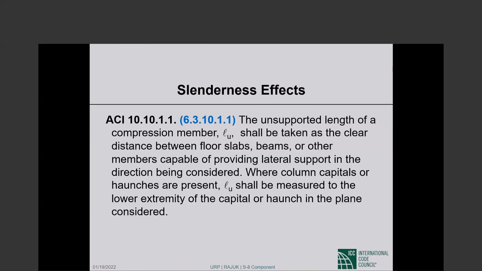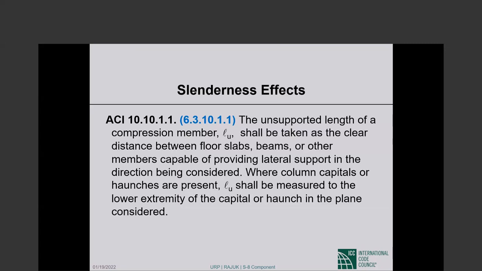Okay, the unsupported length of a compression member, L sub u, shall be taken as the clear distance between floor slabs, beams, so that would be from the top of the floor to the underside of the beam, or other members capable of providing lateral support in the direction being considered.